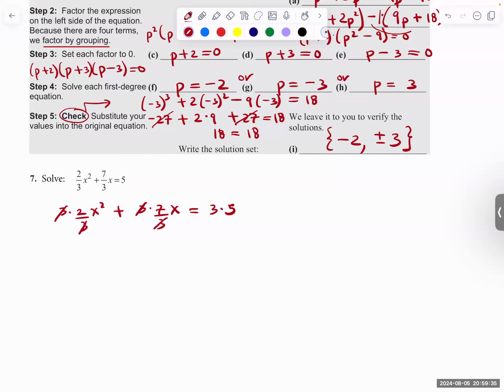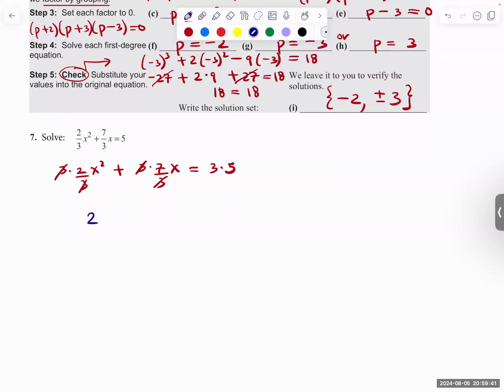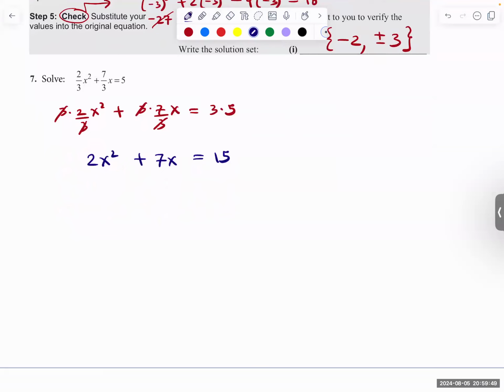So dividing and canceling the 3's, we have the quadratic equation 2x squared plus 7x equals 15. So let's get it in quadratic form, decreasing exponent order, set to 0.